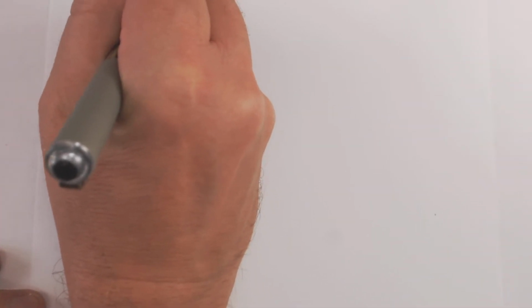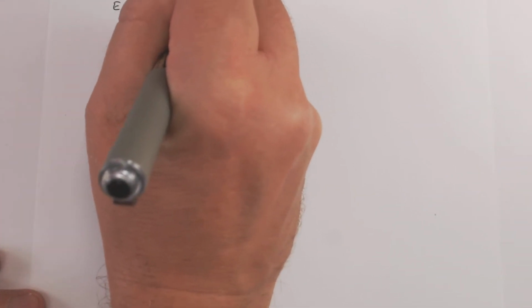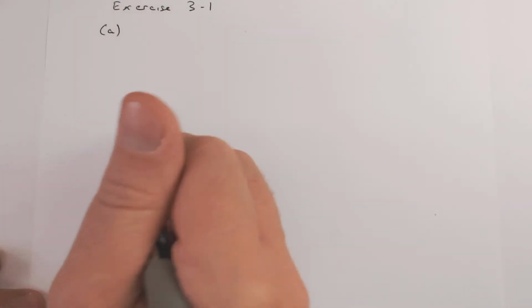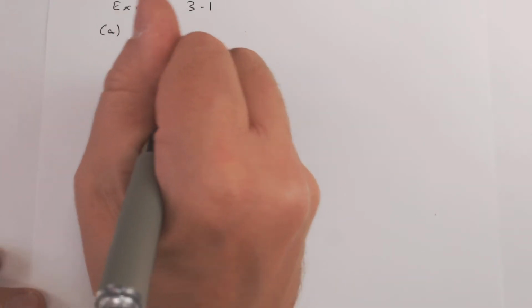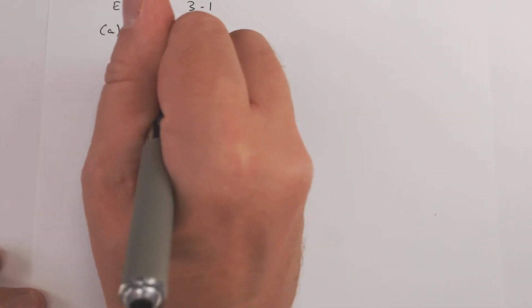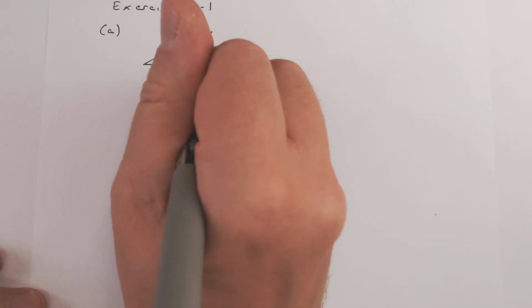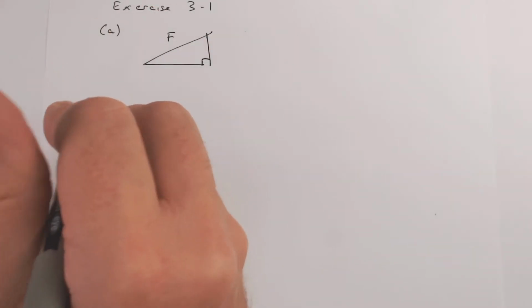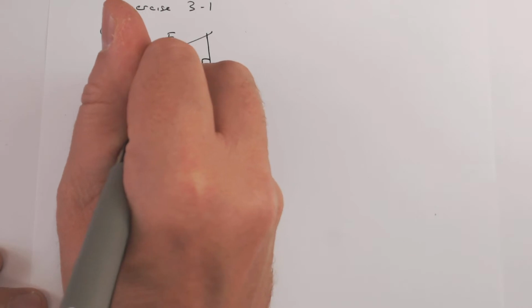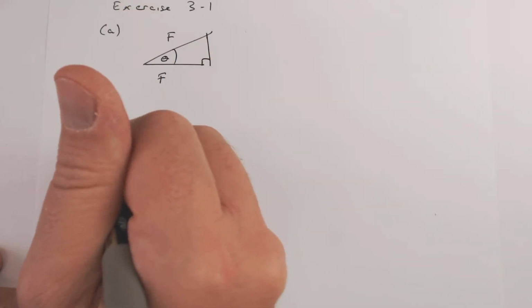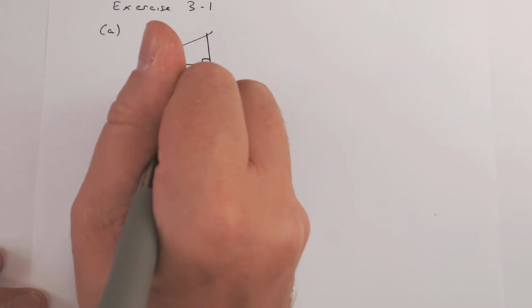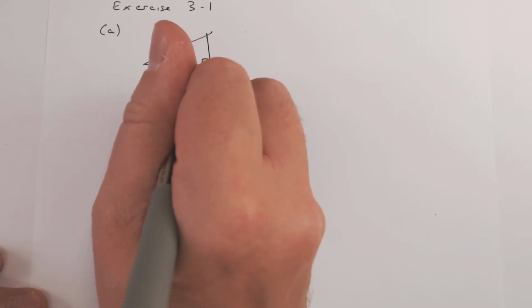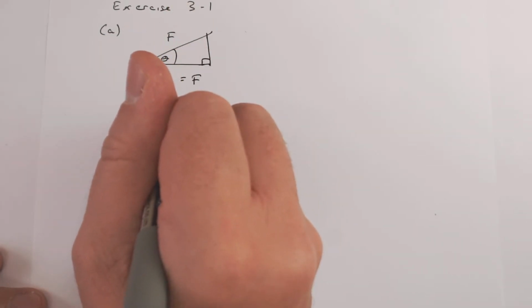Right, so for exercise 3.1, get used to how we can deal with the right angle triangle. So we've got a force here and an angle here. So Fx, the horizontal, simplest way to describe it would be to take the force.